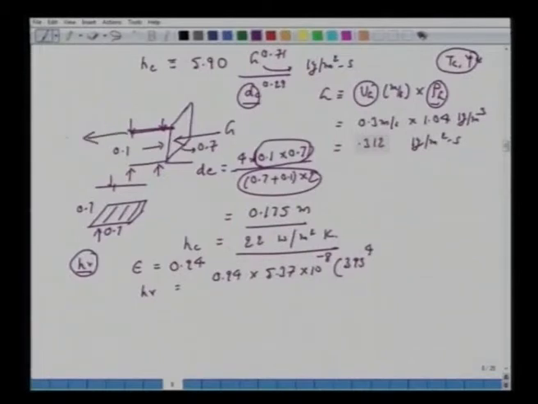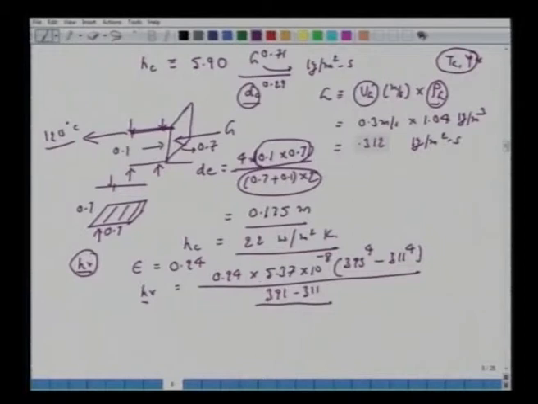Remember, this temperature is 120 degrees centigrade, 273 plus 120 is 393, minus the gas temperature. Gas temperature is given as 65 degrees centigrade, so this is 311 to the power 4, divided by 393 minus 311. If you calculate here, Hr is approximately 9.5 watt per meter square Kelvin.